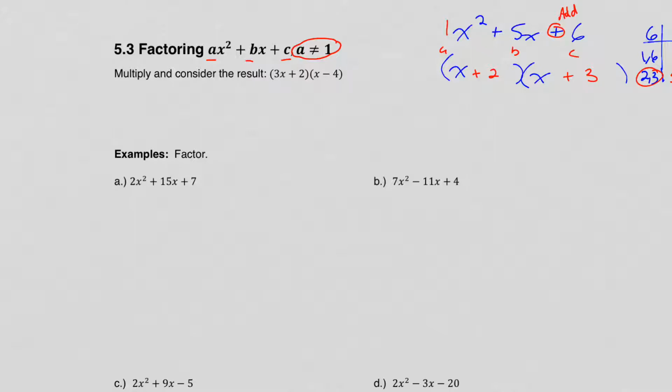All right, so if you take a look, remember the first terms, outer, inner, last. So that's 3x squared, negative 12x, positive 2x, and negative 8.